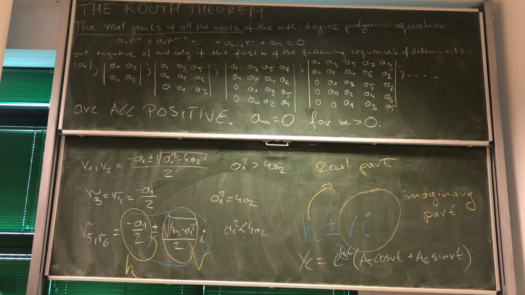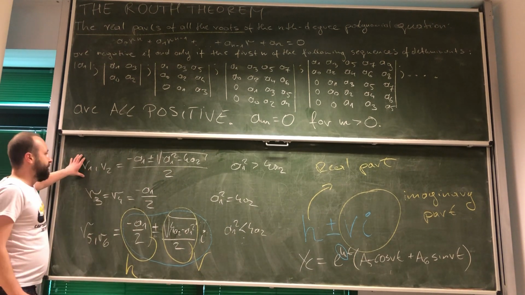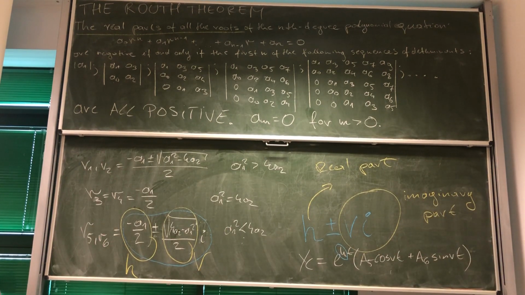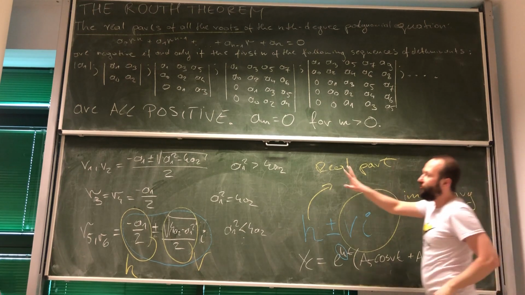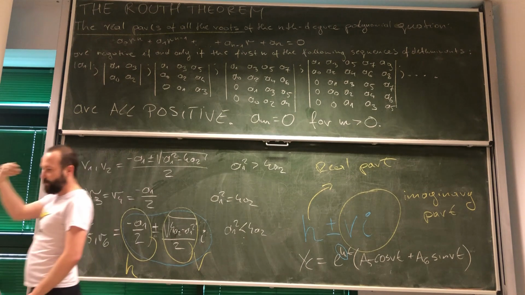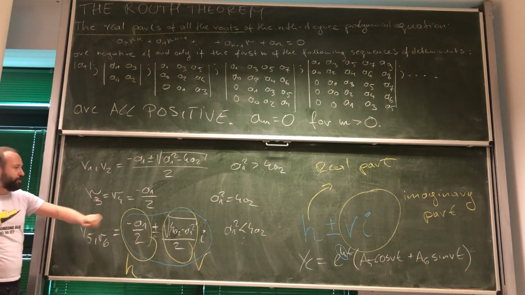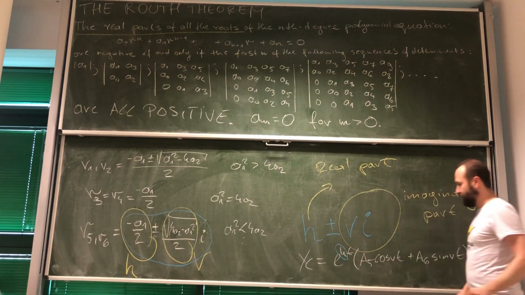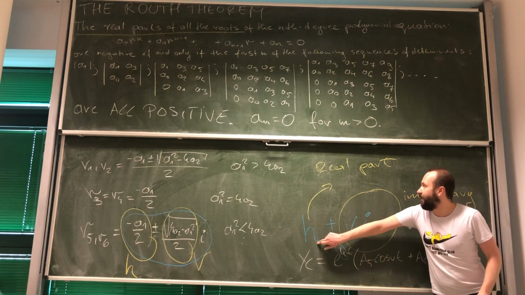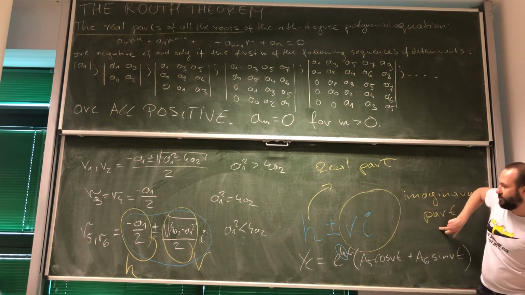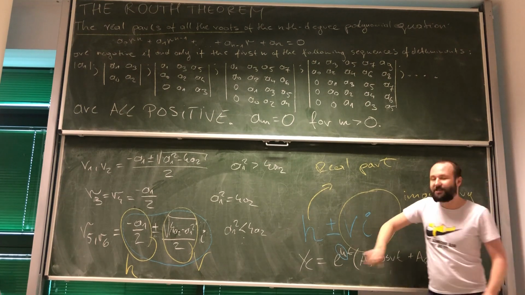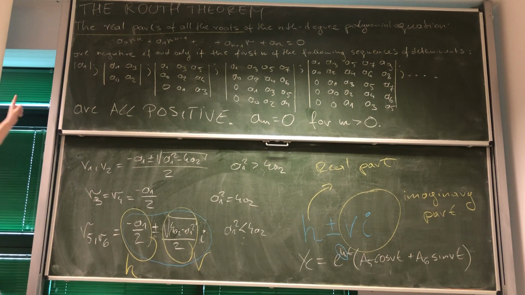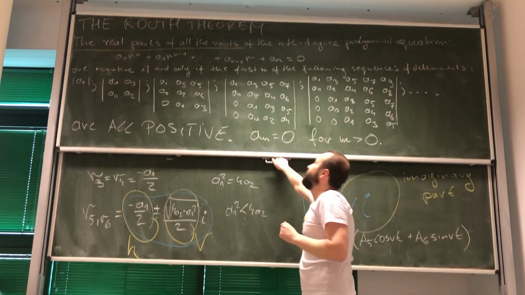Sign of h needs to be negative. So look, in the first case, in two real distinct roots, if we want to have convergence, both of these roots need to be negative. If we have repeated real roots, this repeated real root needs to be negative. And finally, in the case of complex roots, the real part of the conjugate complex roots needs to be negative. So look, actually this is what we get from the Routh theorem.